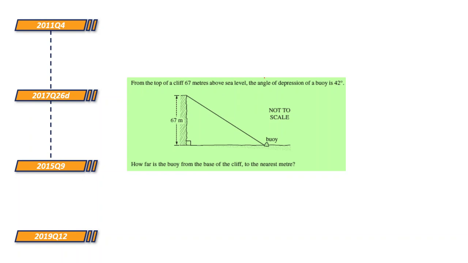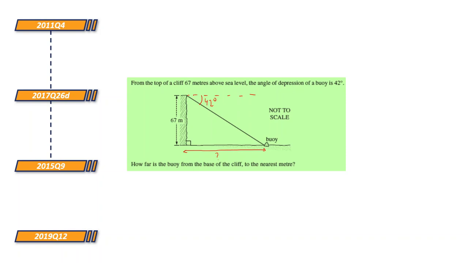You need to know what angle of depression means. In the previous two questions, the angle of depression was already drawn. If you know what an angle of depression is, you can draw this yourself, and then you know this is what a complete picture looks like. Then what they're asking is how far, basically this length. This length is being asked.